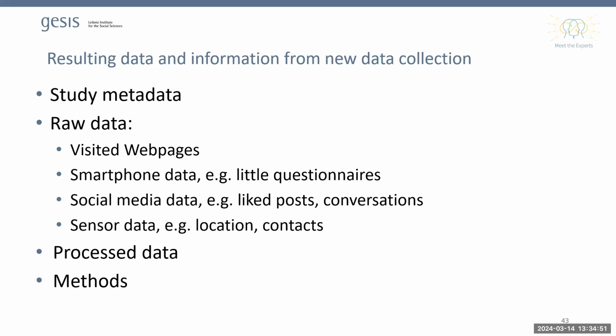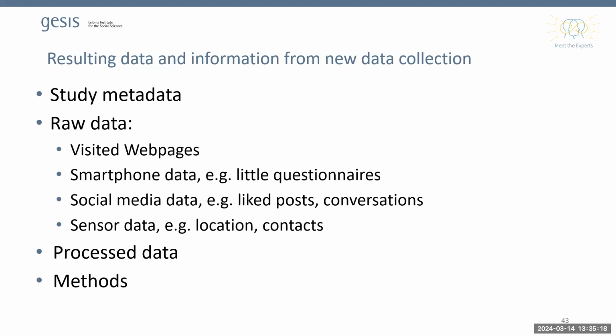Collecting this kind of data has certain implications for the whole data collection, processing and holding approach. Again, we have study metadata, but the raw data might be very different from the usual questionnaires and answers. We may have a vast amount of visited web pages. We may have smartphone data, little questionnaires or whatever.